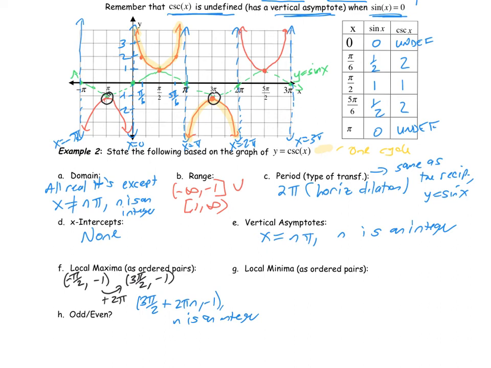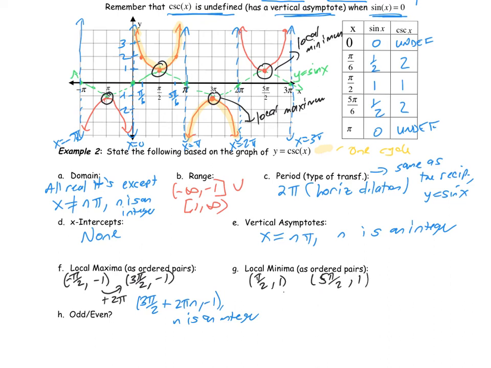Local minima are the lowest points in an interval. So local minima points are here. So this is a local minimum, and this is a local maximum. So let's list a couple local minima. So I have pi over 2, 1, and I have 5 pi over 2, 1.